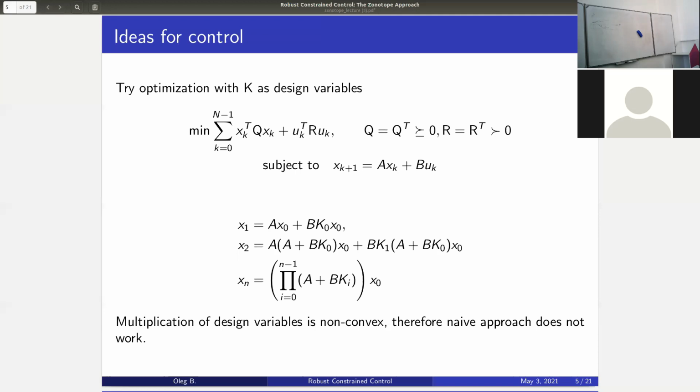When you describe the propagation of your state, you get multiplication between your decision variables, and it starts to be non-convex. That's why we need some tricky approach to solve this task.